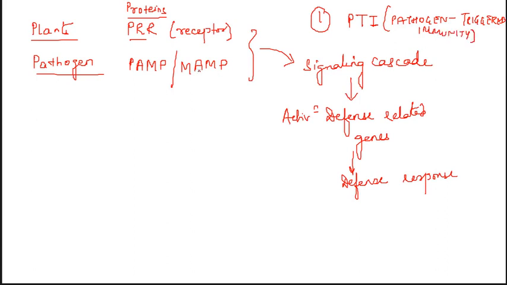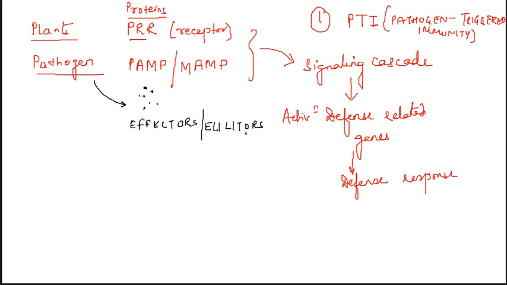Now, these pathogens also release some kinds of chemicals, some kinds of molecules known as effectors or elicitors.